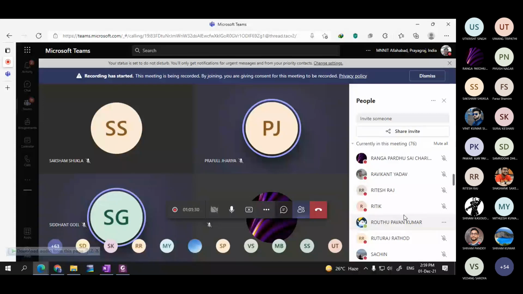Ritesh Raj? Ritik? Yes, sir. Rotu Pawan Kumar? Yes, sir. Rituraj Rathod? Yes, sir. So all of you came. So message is transferred in WhatsApp. So all of you came. Okay. Rituraj Rathod. Am I audible?